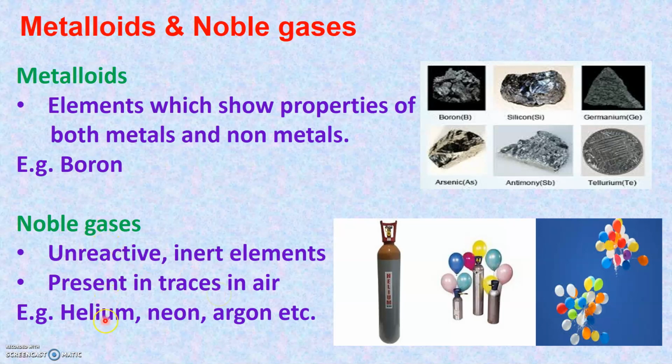An example of a noble gas is helium. Other examples are neon, argon, krypton, etc. I hope that you are all familiar with helium gas. You all would have seen many balloons flying high, as you can see here. Yes, this helium gas is the gas that is used for filling these balloons which fly high.